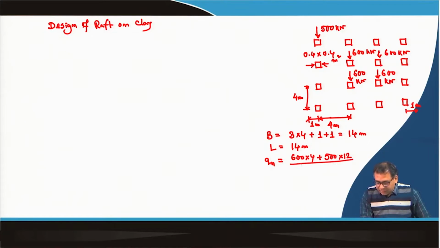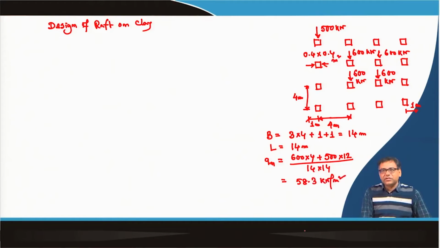So, the total load is this much, and then the area is 14 cross 14. So, Q net is 58.3 kilonewton per meter square. So, the net stress which is acting on the foundation is 58.3 kilonewton per meter square.